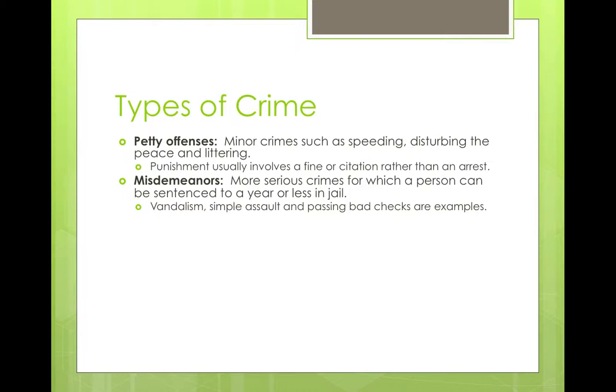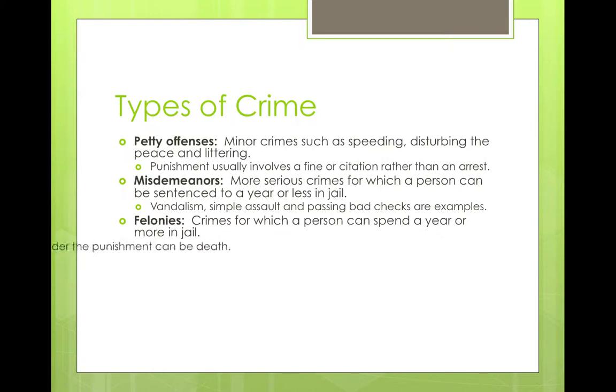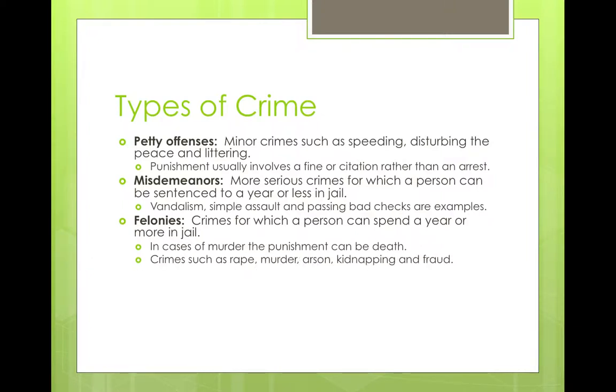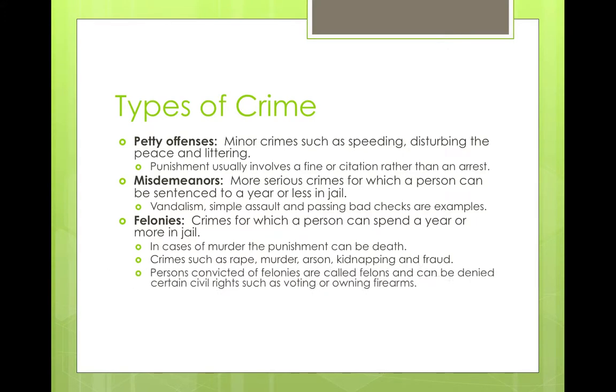Vandalism, simple assault, and passing bad checks are examples of misdemeanors. Felonies are crimes for which a person can spend a year or more in jail. In cases of murder, the punishment can be as high as death in some cases. Crimes such as rape, murder, arson, kidnapping, and fraud are listed under felonies.